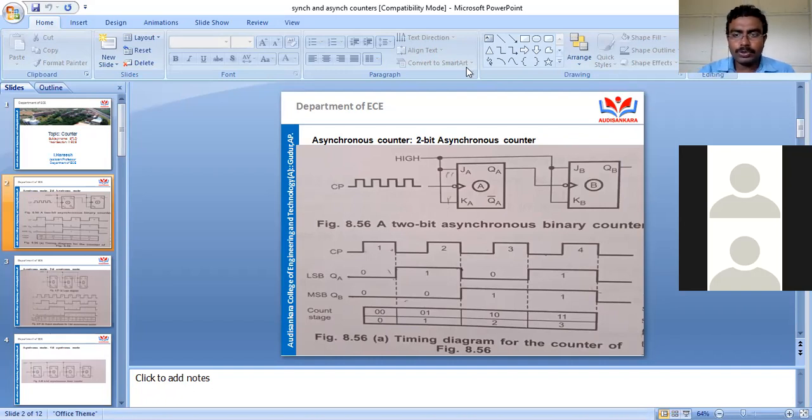You can see here we are going to start with the asynchronous counter. In that, we are going to discuss mainly the 2-bit asynchronous counter today. Before we go into the working procedure of a counter, we should know the basic differences between a synchronous counter and an asynchronous counter.